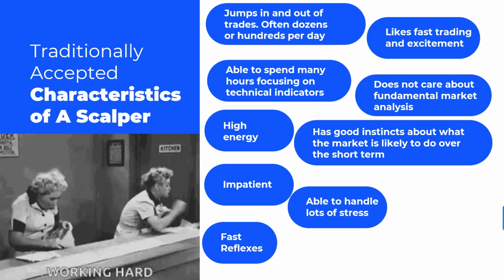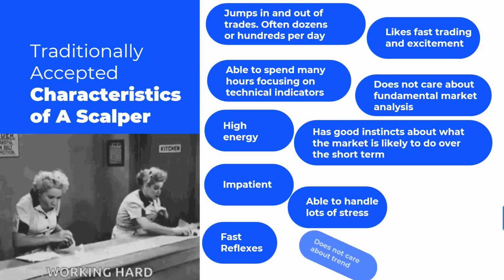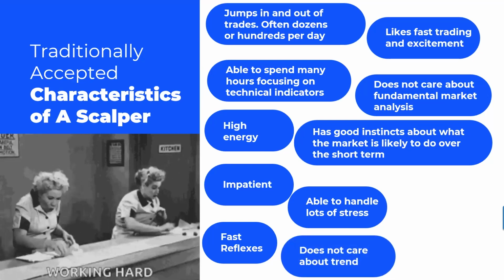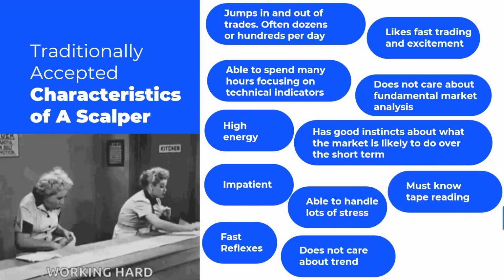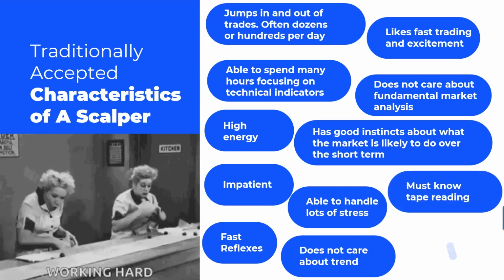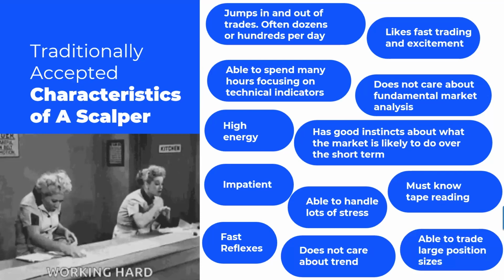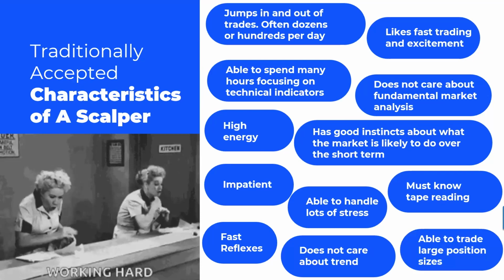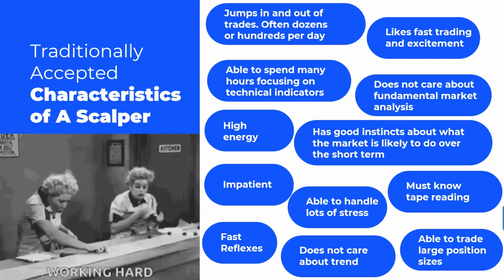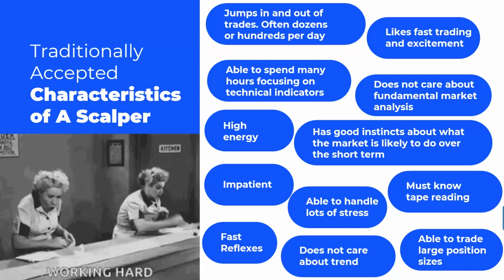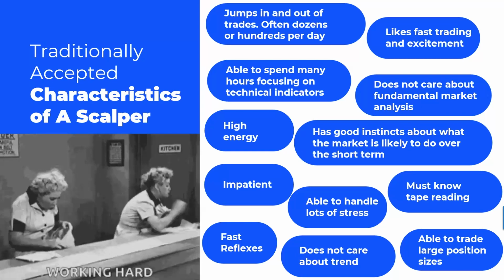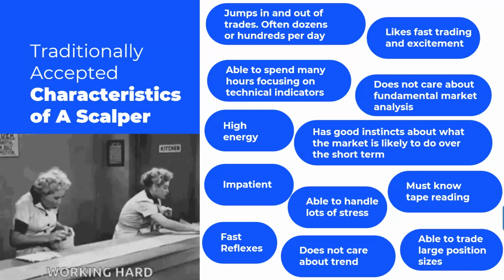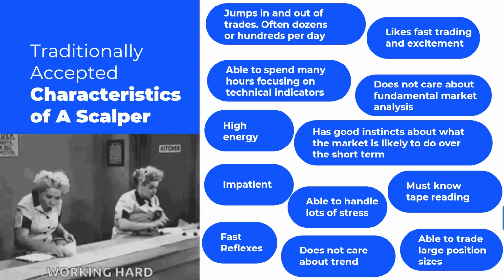We're able to handle a lot of stress. That we don't really care about a trend, that trend doesn't mean anything, and must know how to tape read and able to trade large position sizes. Now, each of these has something somewhat to do with what we do at the Intentional Trader, although it's not one thing or the other.